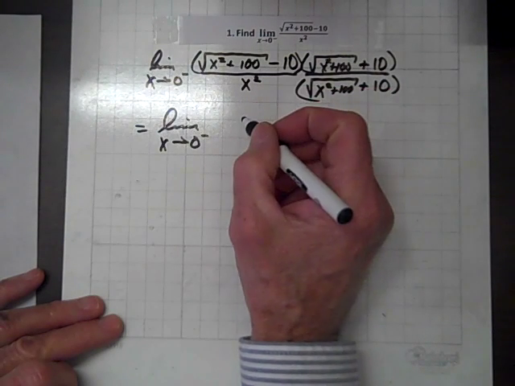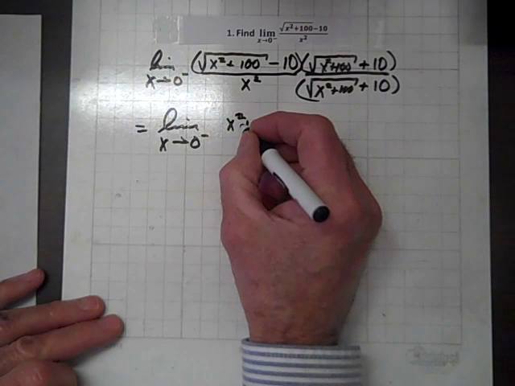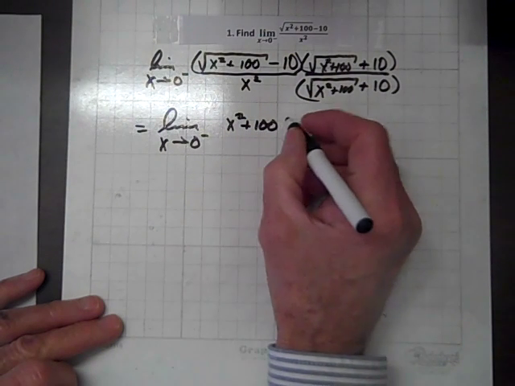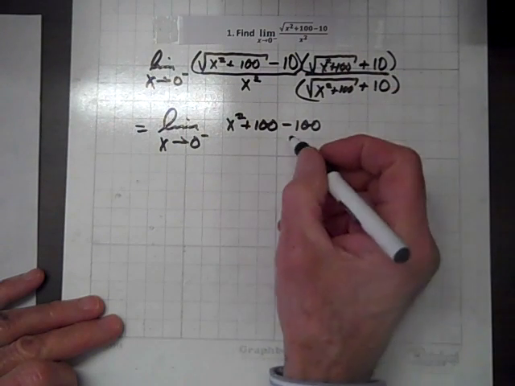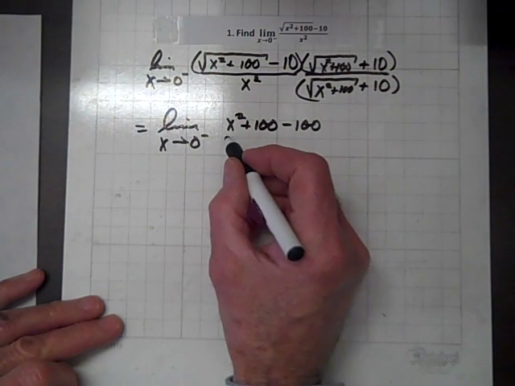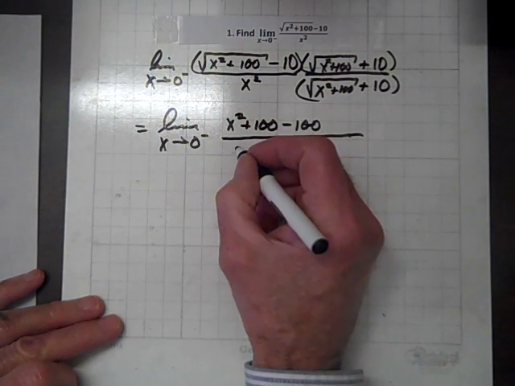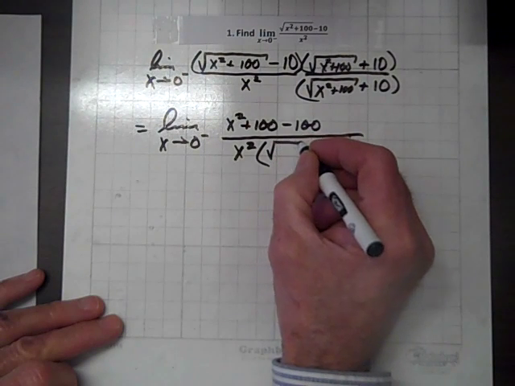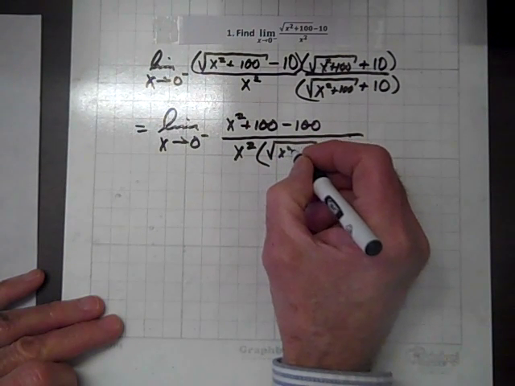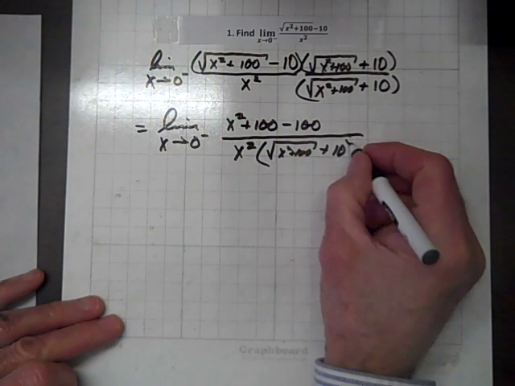And the product of these two, by the difference of two squares, is going to be x squared plus 100 minus 100, negative 10 times positive 10. And the middle term, of course, drops out. And downstairs we have x squared, and the quantity square root of x squared plus 100 plus 10.